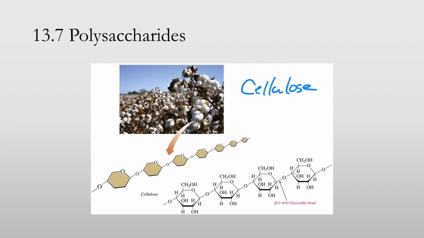And so cellulose is the major structural component for wood and plants, like the stem of plants and leaves and all that stuff. Paper, for example, is almost entirely cellulose. Cotton is essentially cellulose as well.